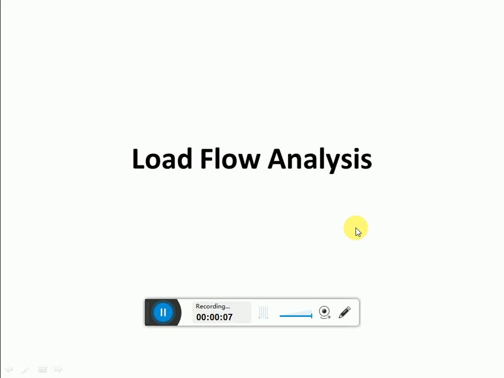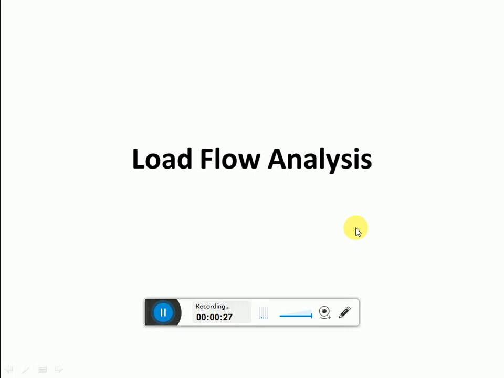Today I am going to discuss a topic that is load flow analysis in power system. Now let me give the brief introduction of load flow analysis.